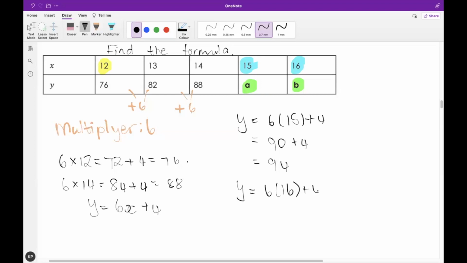What's 6 times 16? 96. And if we add 4, that is 100. So this is 94 and this is 100. We could have just gotten it by adding 6. Can you see that? But of course, we like doing things the fancy way.